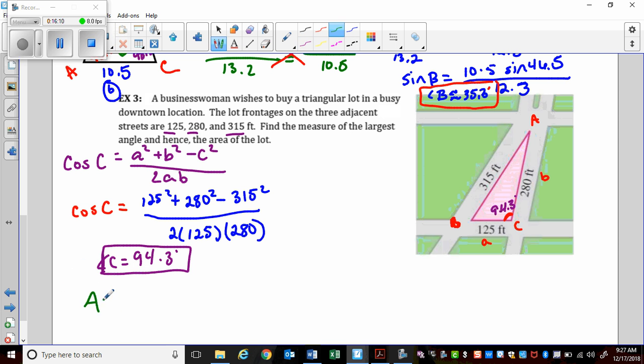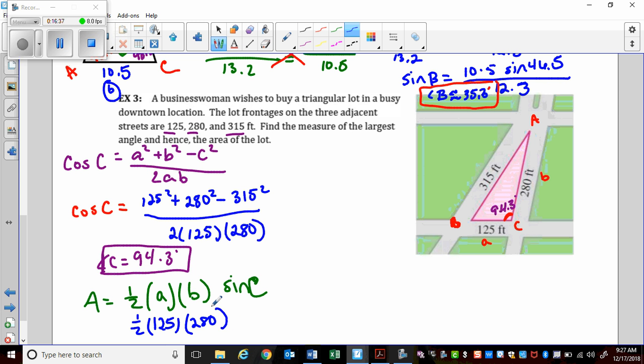My area is 1/2 A B sine of C. Okay, well, this is 1/2, side A is 125, side B is 280, and then sine of C, which we just found out is 94.3.